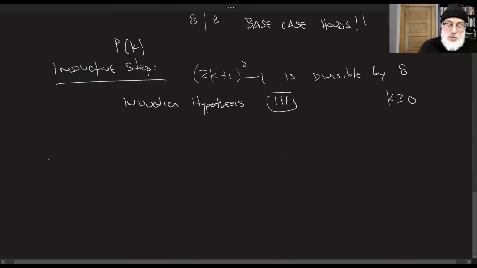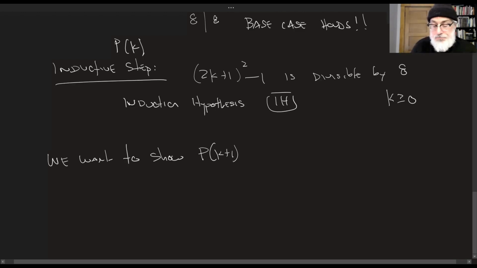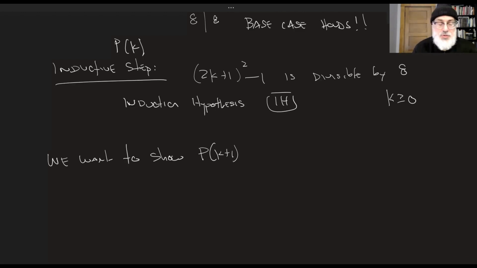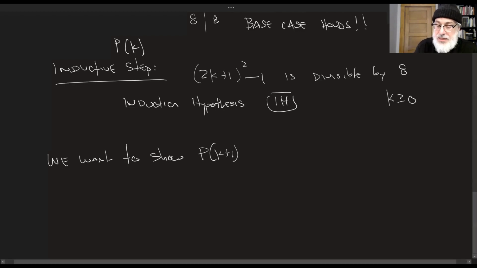Now, what we want to show is the k plus 1 case, or P of k plus 1. I like to write this out literally. It helps me keep track of where I want to end up. So I'm going to replace k in the induction hypothesis with k plus 1.